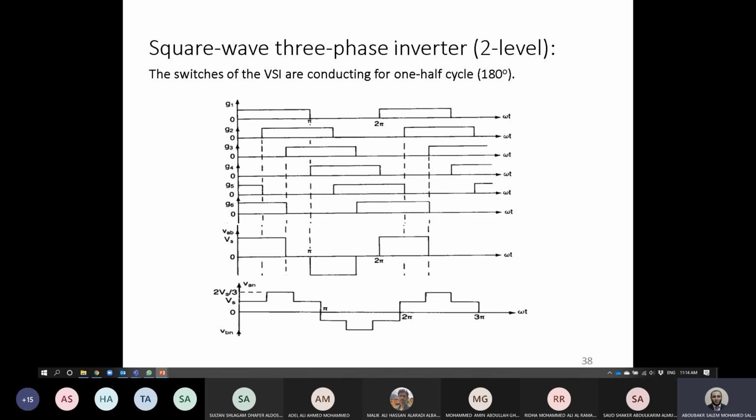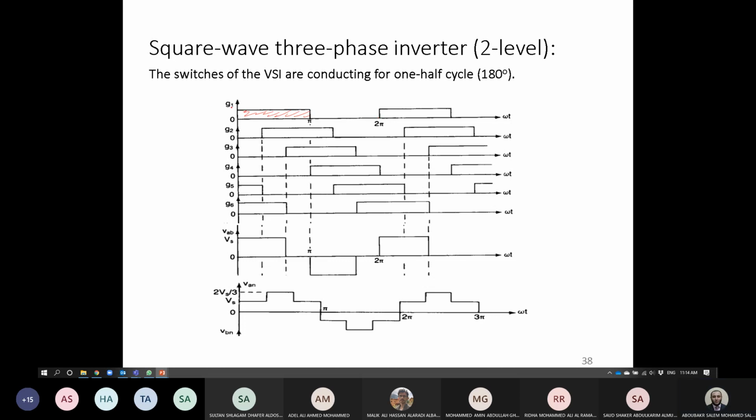As you can see here, we are going to make a sequence of pulses for the 6 switches like that. We will start from 0 to pi, which means the first 180 degrees, then from pi to 2 pi in this way. So we will conduct the switch for 180 degrees and disconnect the switch for another 180 degrees.